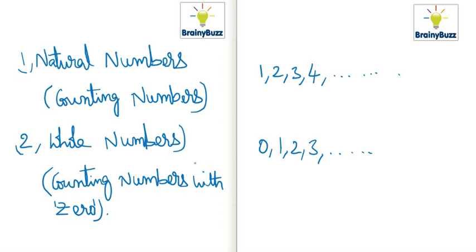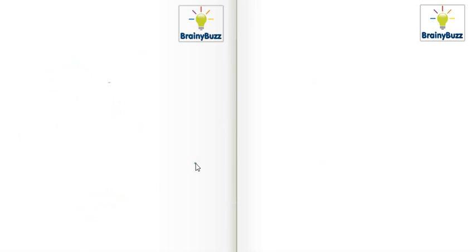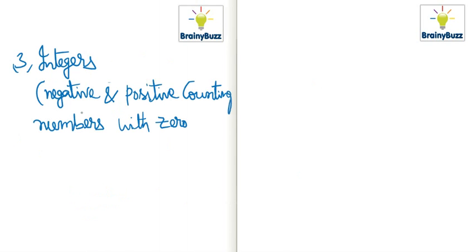And the third one is integers. They are negative and positive counting numbers including 0. That means 0, 1, 2, 3 and so on.